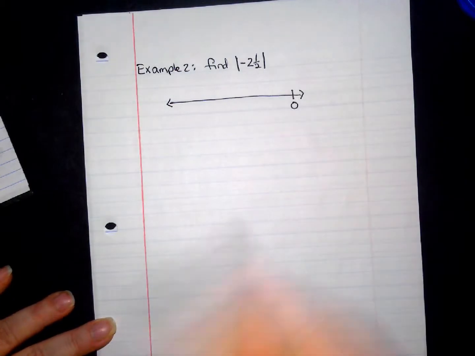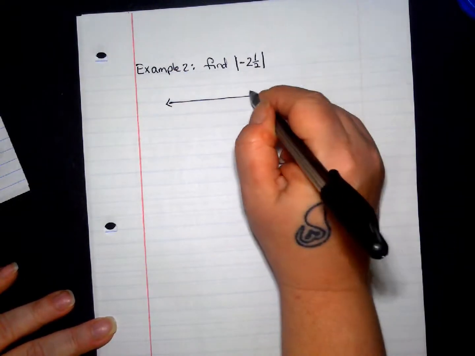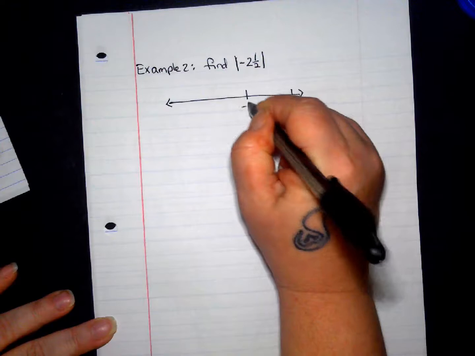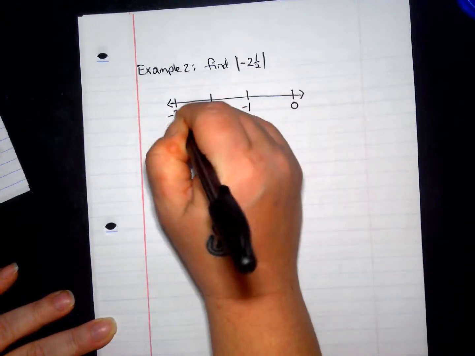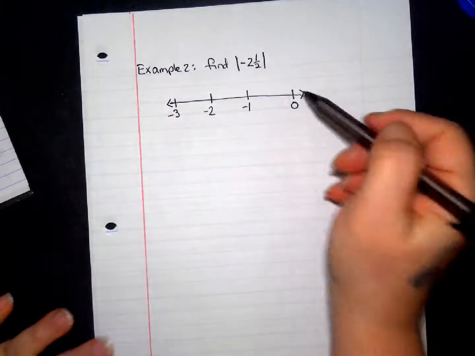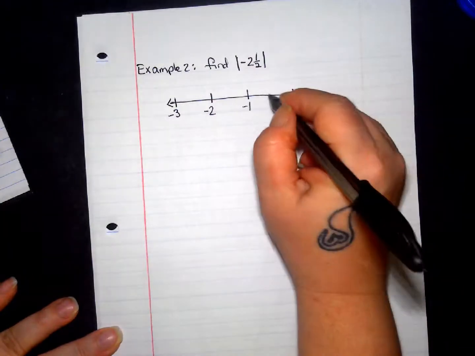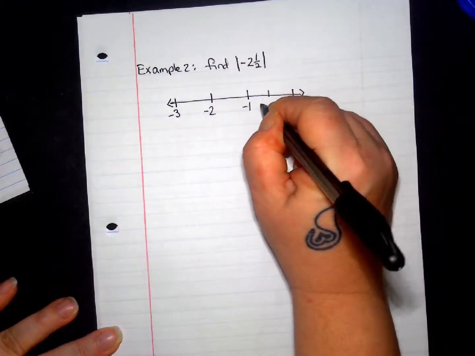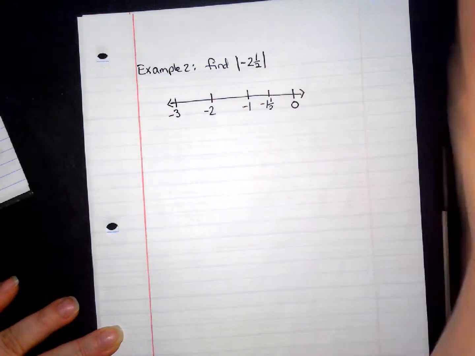And then if I count, I can count -1, -2, -3. And remember, halfway from 0 to -1 is -1/2.